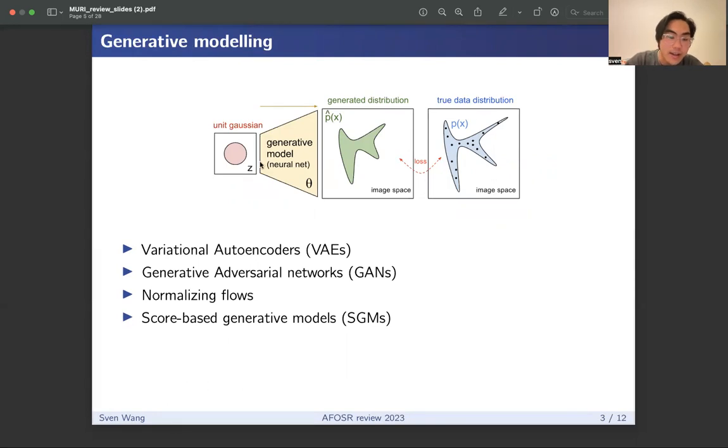Very roughly speaking, what happens in all of those is that I have some simple probability distribution, for instance, a unit Gaussian, and then this learning algorithm learns some kind of transformation, often parameterized by a neural network, that transforms this unit Gaussian into a more complicated distribution, which is the generated distribution, and the generated distribution is supposed to resemble the true data distribution, which I've observed through samples.